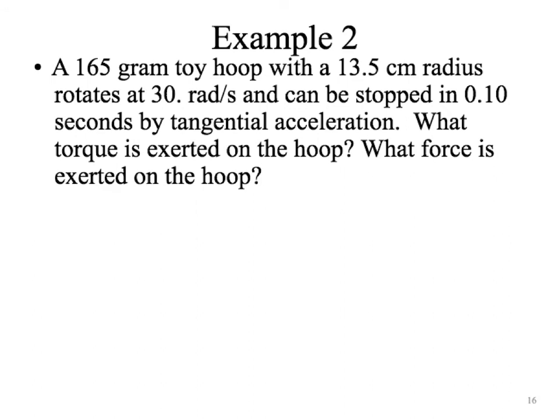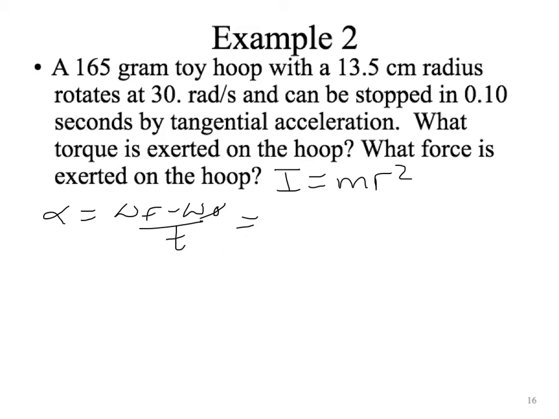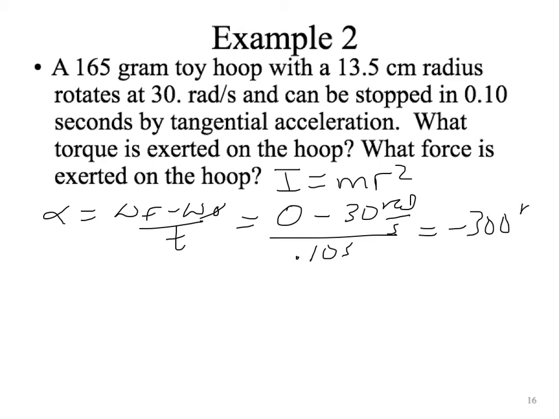For the next one, we have a hoop, and if you look back at the page of moments of inertia, that too will calculate to be mr squared. The mass is 0.165, and what is alpha? Well, we're going to have to go back to our angular kinematics occasionally. It won't be anything too bad. It started at 30 radians per second, and it takes 0.10 seconds to stop it. So we're looking at negative 300 radians per second squared.